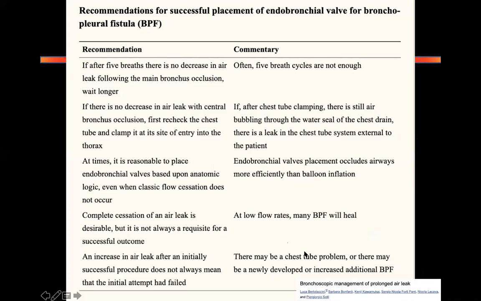There is a very nice paper published in JTD, which talks about bronchoscopic management of prolonged air leak. I'll just move this out of the way. Sorry, hang on. Okay, so this is in JTD. Take a screenshot of this. It talks about all the various techniques to use while you are placing the valve and how to make sure that the valve is actually closing the air leak.